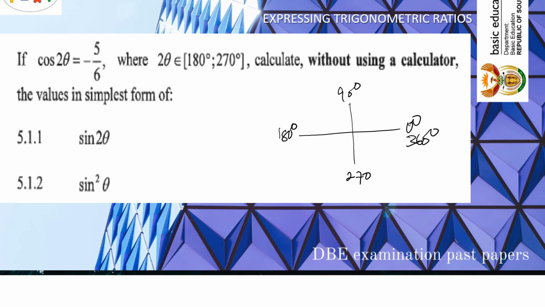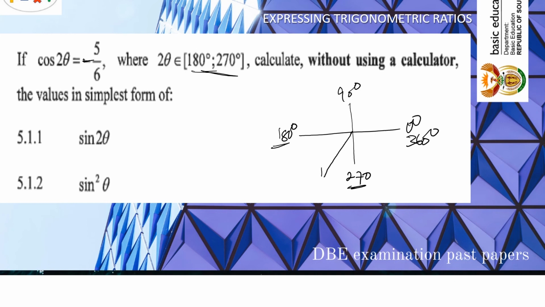Your angle is between 180 and 270, so you already know where your triangle is going to lie. 180 to 270 is this quadrant, and in this quadrant we get tan, hence your cos will be negative. It is very important to be able to interpret it.